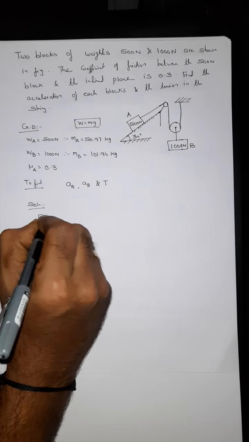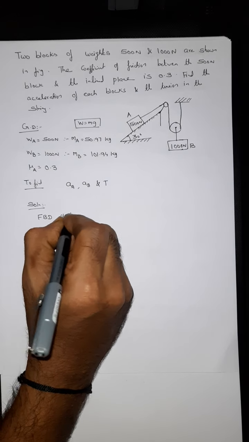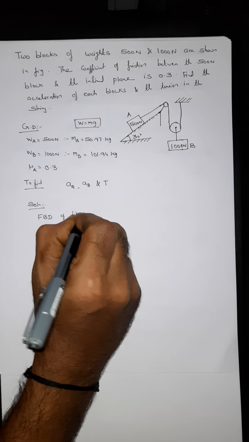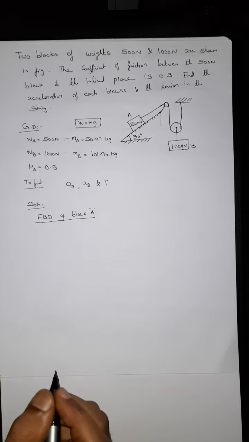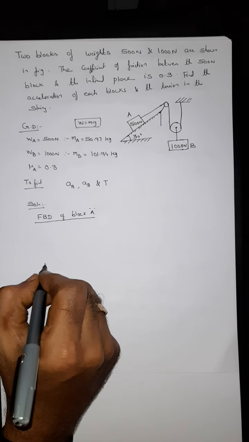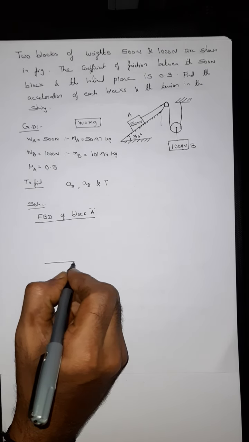Solution. First thing, you'll have to draw the FBD of blocks. I'm considering block A first, which is on the inclined plane, the angle of inclination is 30 degree. So this is the block, and there is a tension.